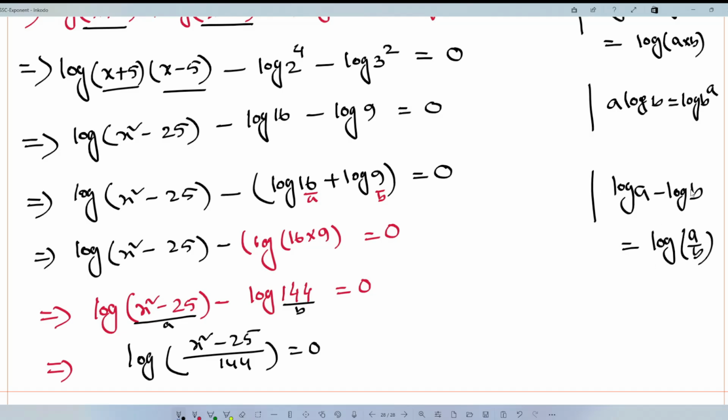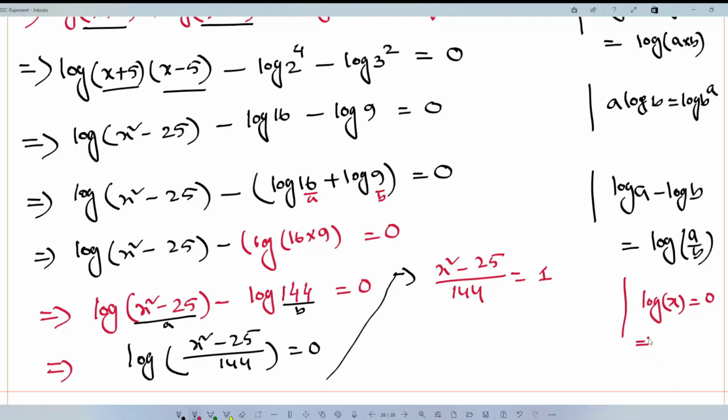In subtraction, once we combine logs, it will become log a by b. So now we can write x square minus 25 divided by 144 equals 1. Why? Because log x equals 0, once we remove the log, it becomes x equals 1.